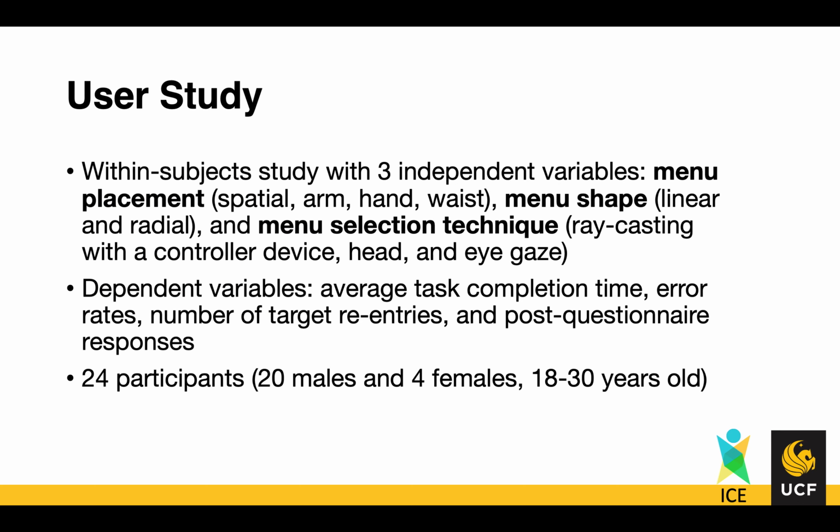We conducted a user study with 24 participants, 20 males and 4 females, aged 13 years old. We evaluated a variety of graphical menu placements, such as spatial, arm, hand, and waist placements, as well as menu shapes, linear and radial, and selection techniques: raycasting with the control device, head, and eye gaze.